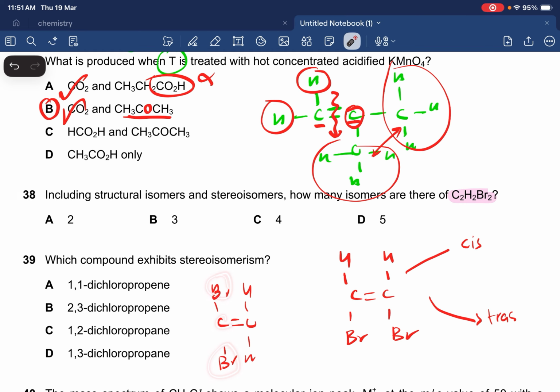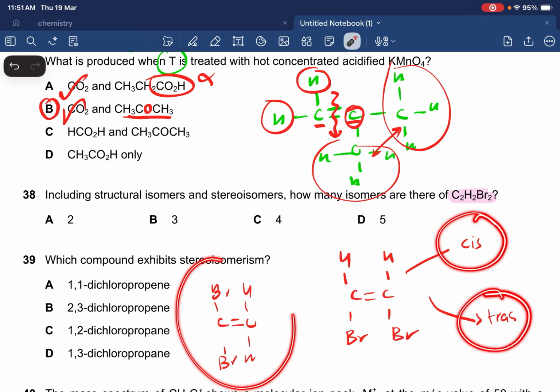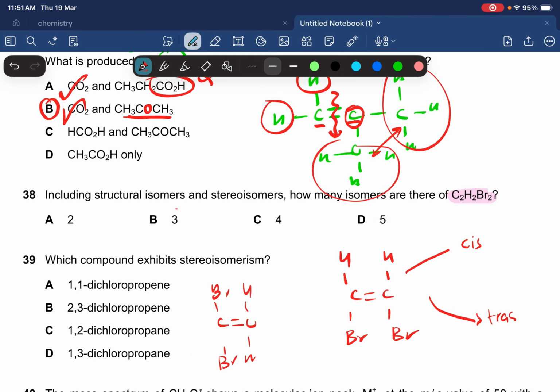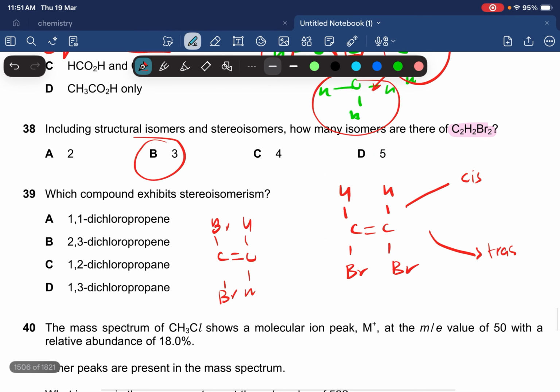For cis-trans you should have 2 different groups attached to the same carbon. So that means 1 cis, 1 trans and 1 this thing, so that's a total of 3 isomers.